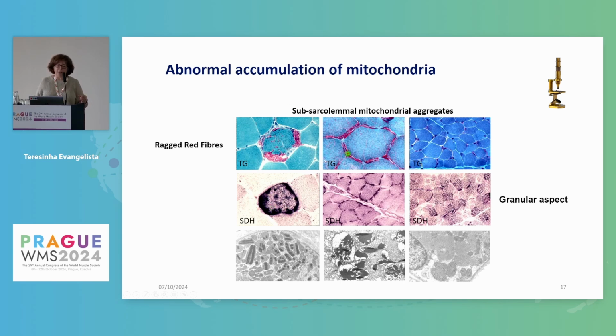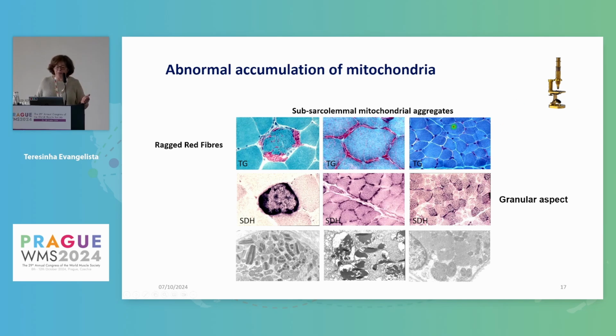The same, but to a lesser degree, you have here; in French we call this les coups d'ongle. I don't know the exact translation to English, but you see the accumulation of aggregates of mitochondria at the periphery of the fiber. You see it in trichrome and SDH. And at the end, you see the abnormal morphology of the mitochondria in electron microscopy with the paracrystalline inclusions and so on.